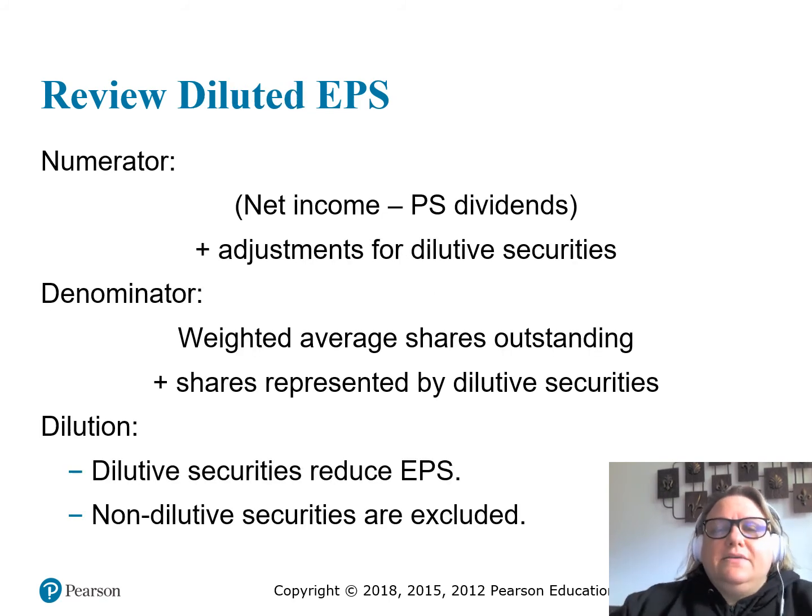Okay, so diluted EPS. Diluted EPS is the net income minus the preferred stock dividends, different. Plus adjustments for dilutive securities. And the denominator is the weighted average shares plus shares represented by dilutive securities.